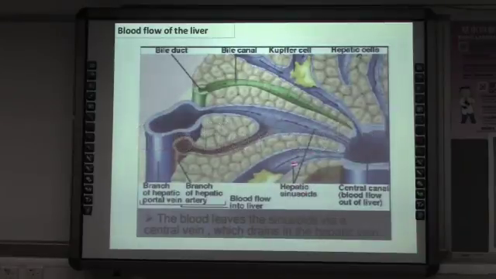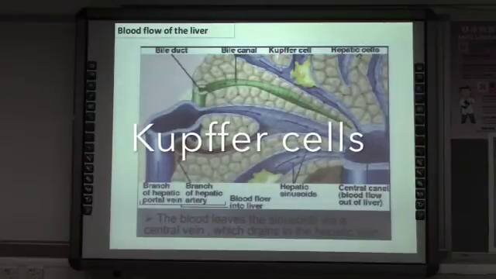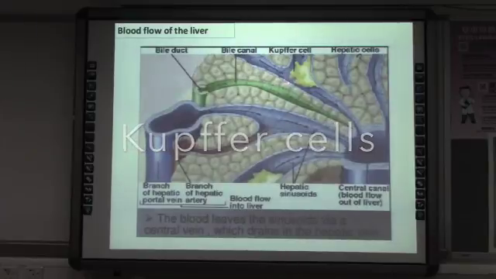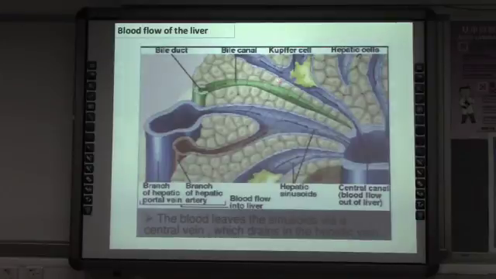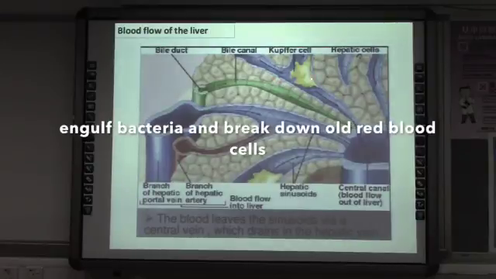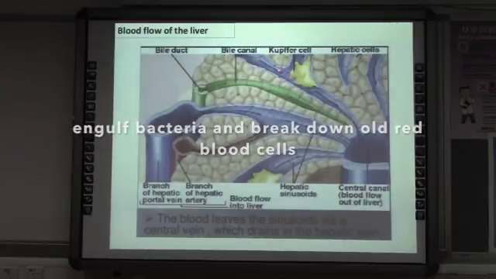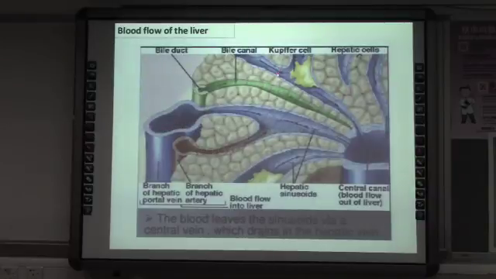Now, in the sinusoid, there are some cells which are colored yellow in the diagram. These cells are called Kupffer cells. They are there in the sinusoid to engulf bacteria and to break down old red cells. Bacteria and red cells are cells.